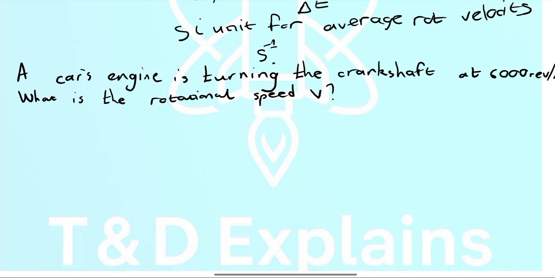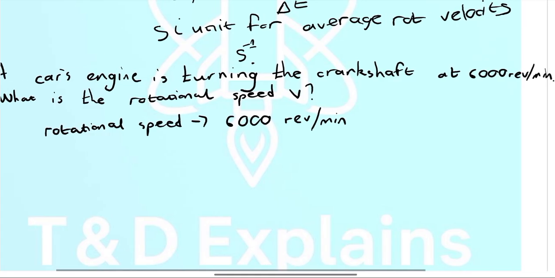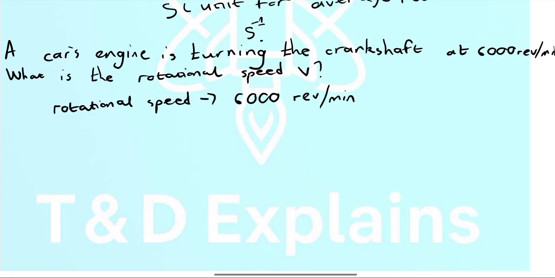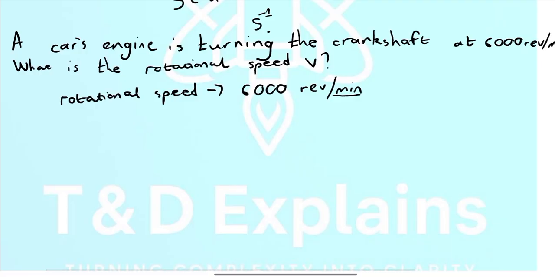We have rotational speed. The rotational speed that they give us is 6,000 revolutions per minute. Okay, so one thing that you know is that a minute is not our standard unit that we usually use for time.